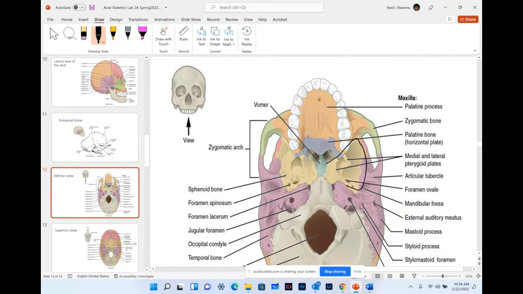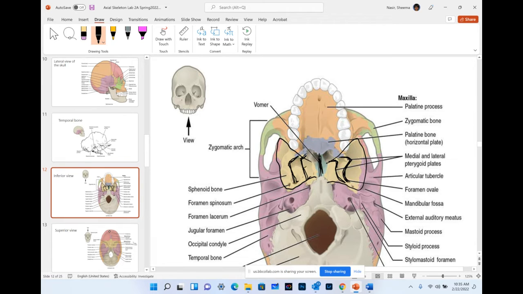You see this bone right here? When you look at it, it somewhat looks like a little butterfly. And this is your sphenoid. Know the spelling. This is sphenoid from the bottom of the skull. Now, do you see this structure right here and this structure? These are two plates, not in the midline but on the sides. These are your pterygoid plates.